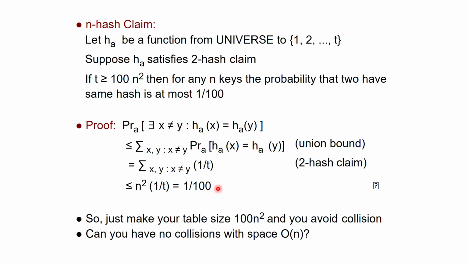Bottom line is that if you have n keys and you want to avoid collision with high probability, say 1 over 100 probability of error, then you just need to make your table size essentially quadratic in the number of keys. Let's say 100 times n squared.